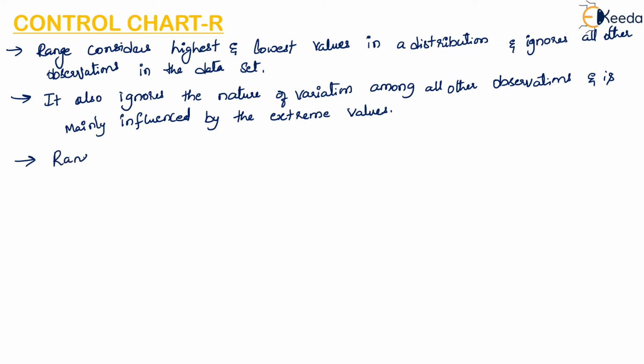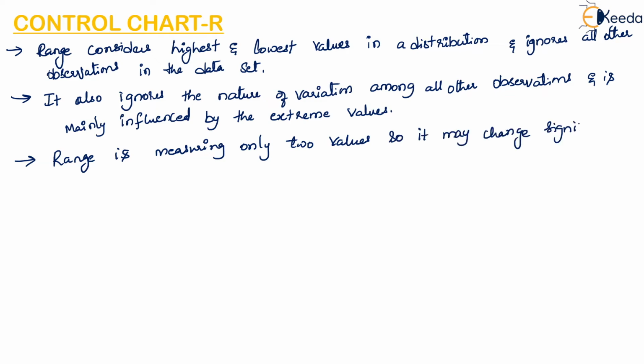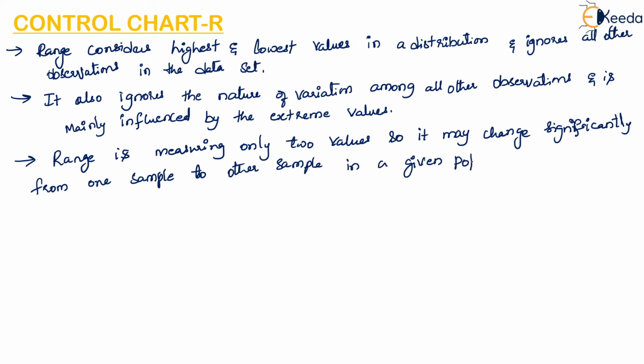So range is measuring only two values, so it may change significantly from one sample to other sample in a given population.